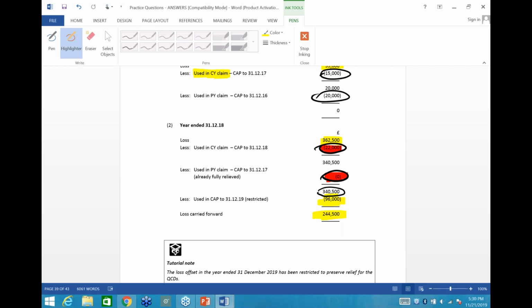And most of the concepts that we learn for individuals, we can apply as it is for companies as well, especially when you are doing the capital allowance computation and tax adjusted trading profit computation. And the loss relief, they are not the same, but you can make a comparison and can have a better understanding. Even the chargeable gain computation is very much similar to individual CGT computation, though a company is not subject to CGT.